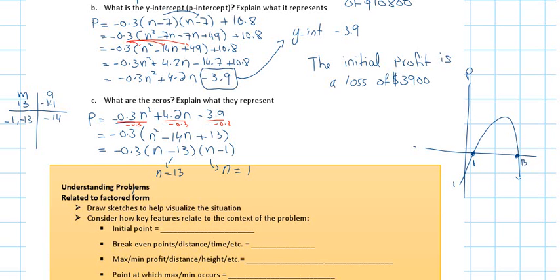We're talking about how many chocolates you sold and how much profit you made. So if you sold 1,000 chocolates, how much profit are you going to make? 0 profit. If you sold 13,000 chocolate bars, how much profit are you going to make? 0. What do we call this in business?